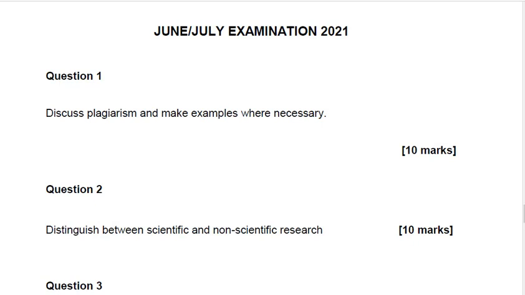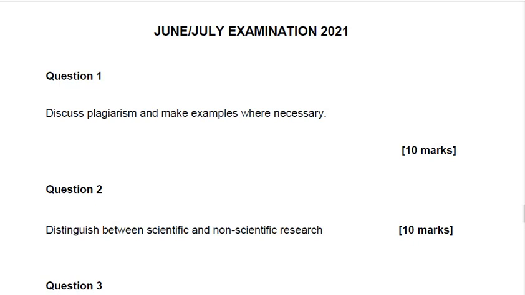The first thing that we need to do is define from a source what plagiarism is. By a source, I'm talking about a dictionary, the internet, the encyclopedia, or whatever source that you are going to find the definition of the word plagiarism.